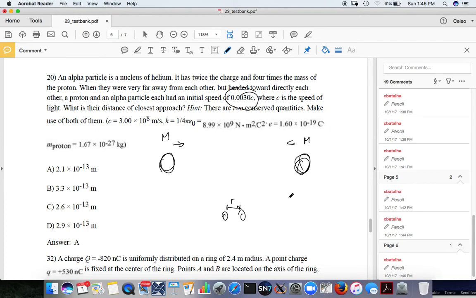And then you do the same. The work done by the field in this case, from infinity, that's configuration A, is Q times the voltage from infinity to A, right?